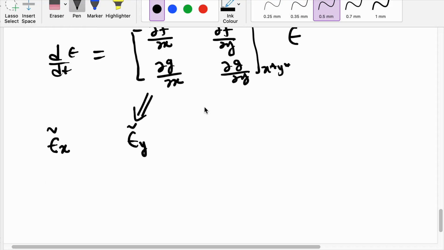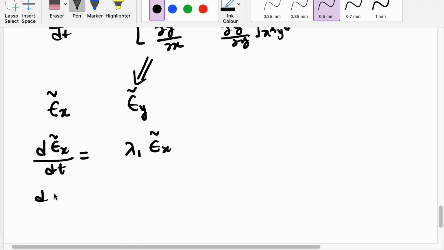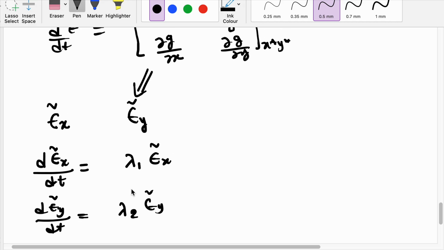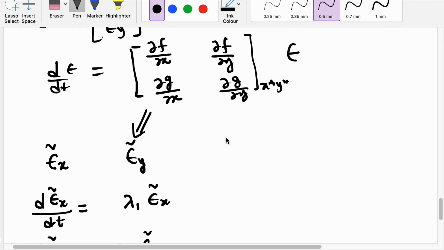Then we can write the equation as d epsilon x tilde by dt equals lambda 1 epsilon x tilde, and d epsilon y tilde by dt equals lambda 2 epsilon y tilde. If I diagonalize this matrix, I will get two eigenvectors and two eigenvalues corresponding to those eigenvectors.